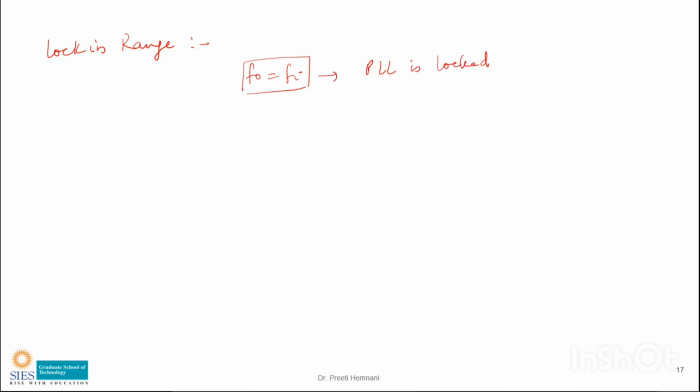Now, anytime you change the input frequency, the PLL can track the frequency changes in the incoming signal. So the range of frequencies over which the PLL can maintain lock with the incoming signal is called the lock-in range. When the frequency is changed, it can track the frequency.